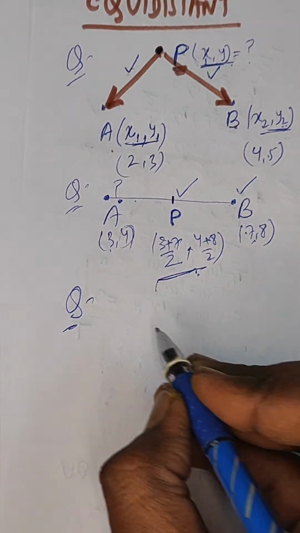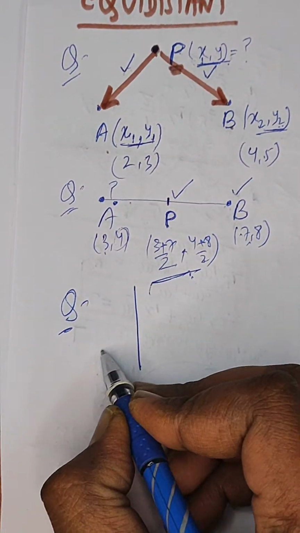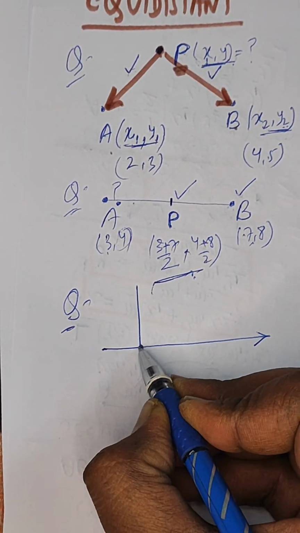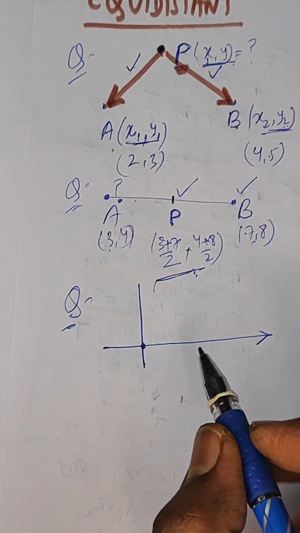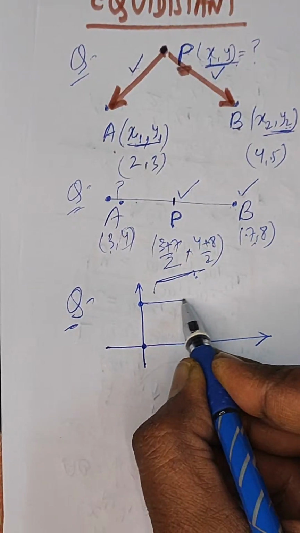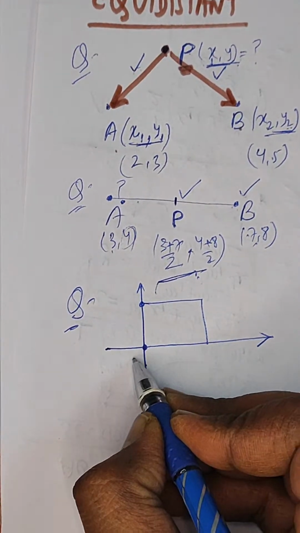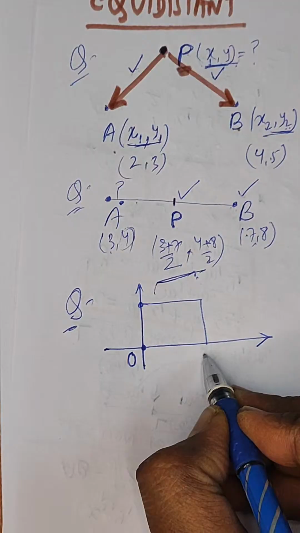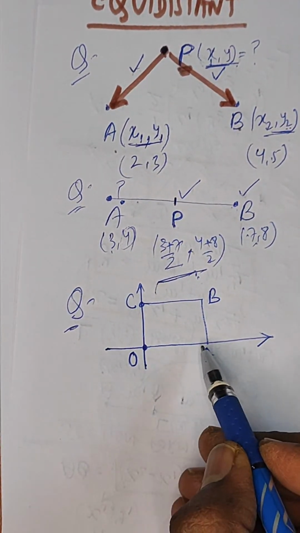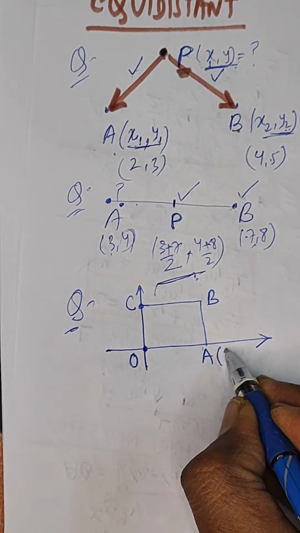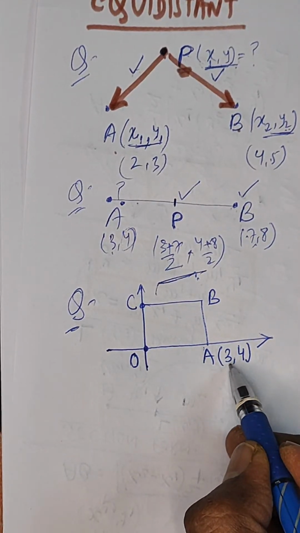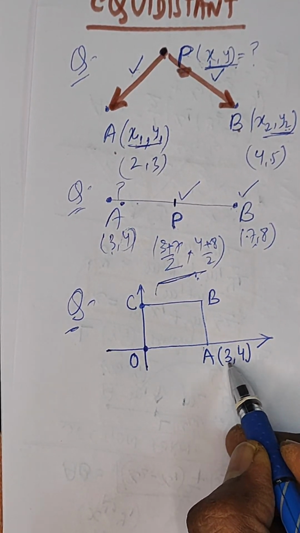Okay, we also need to understand some basic concepts when you are solving such questions. Suppose a square is given to you, right? So you need to understand that for a square all the sides are equal, right? So a square is given to you, then definitely maybe it will be looking like this. And if this is O A B C, the coordinate of A is given to you, maybe let us say 3, 4, then you need to understand this 3, which we discussed at the very beginning.